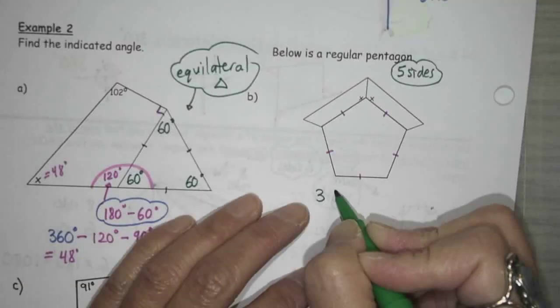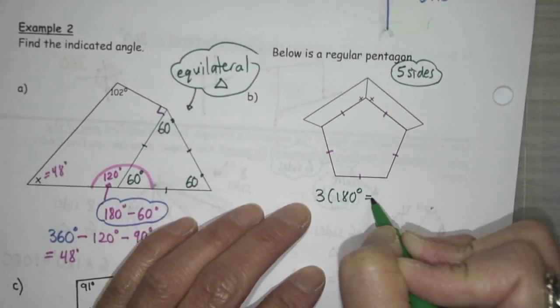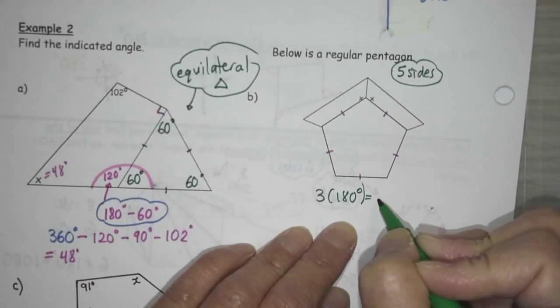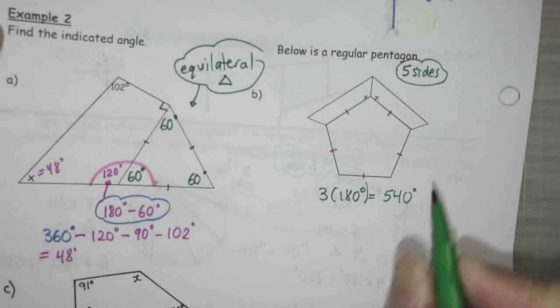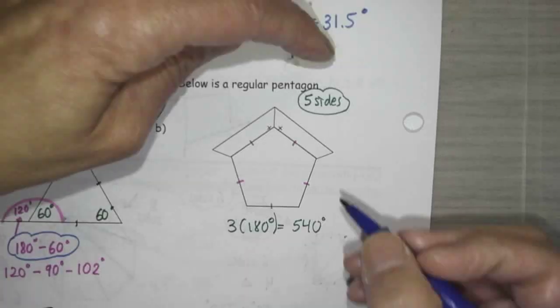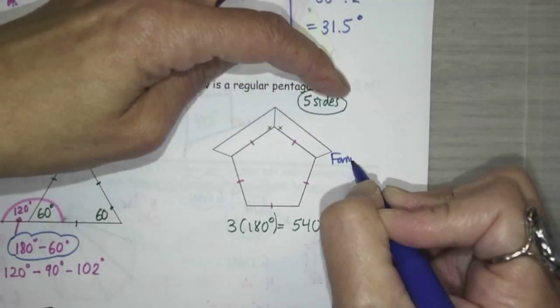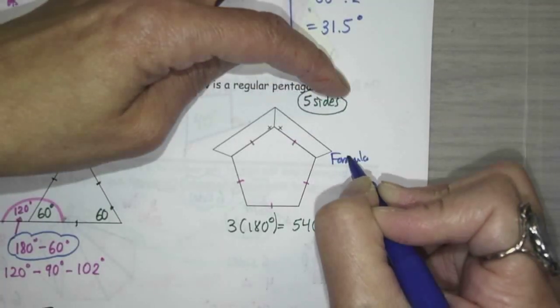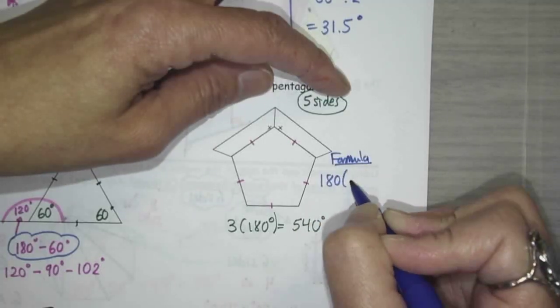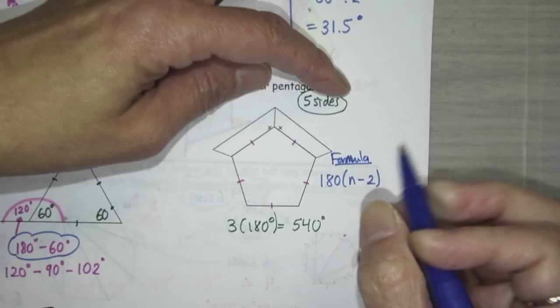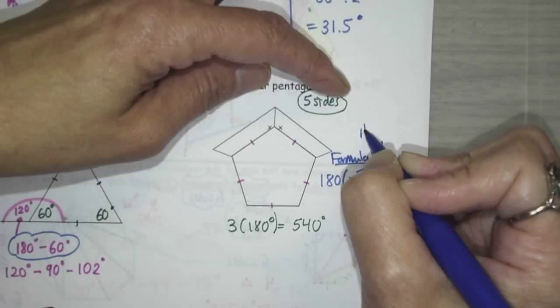So 3 times 180 equals 540. There's a formula as well. So the formula is that it's always going to be 180 times n minus 2. N is the number of sides.